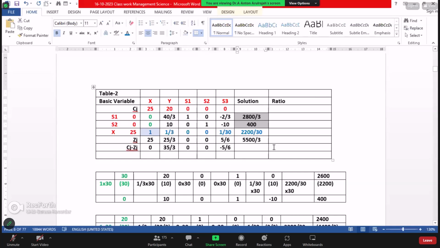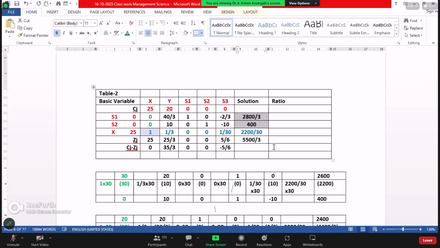Material 1, how much is the balance? 28,000 divided by 3, almost 933. The balance is there. Others are utilized. Material 2, how much is the balance? 400.